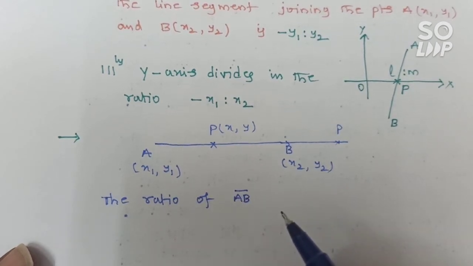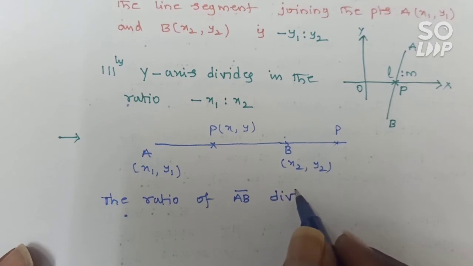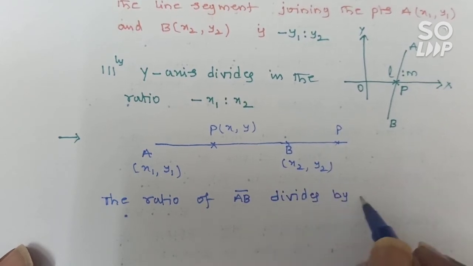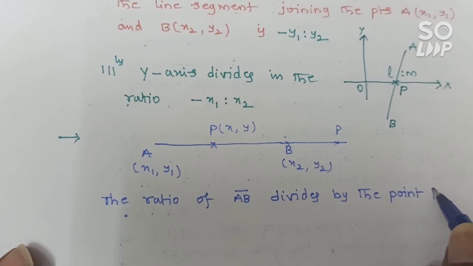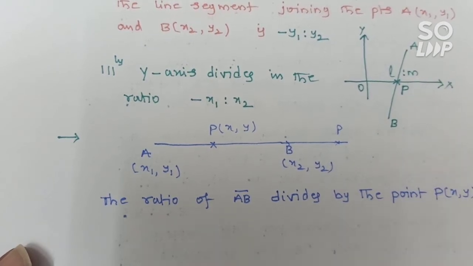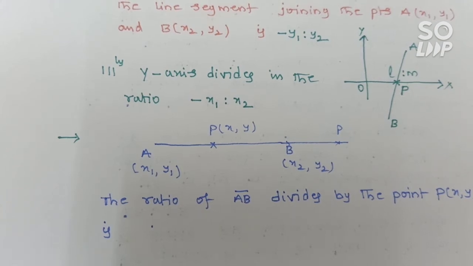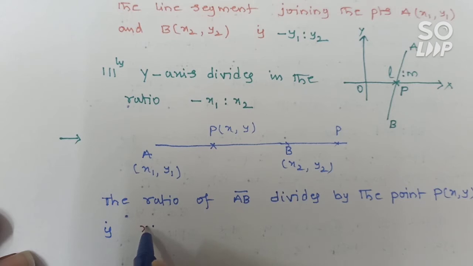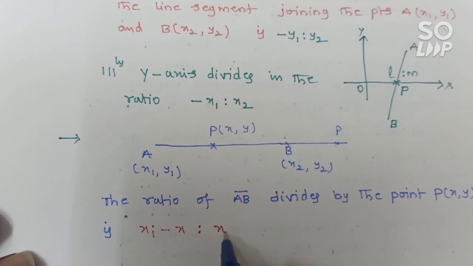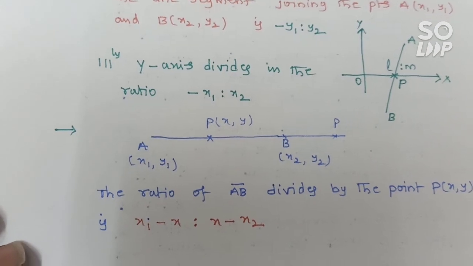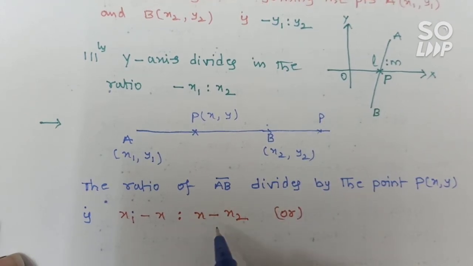AB bar represents the line segment. The ratio in which AB is divided by the point P equals x, y is x1 minus x is to x minus x2, in terms of the x coordinates.